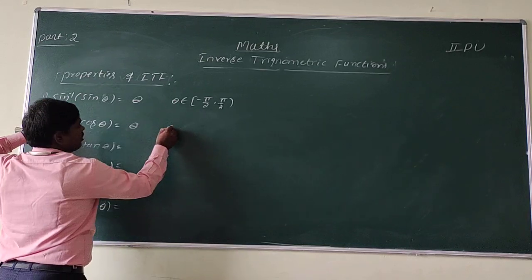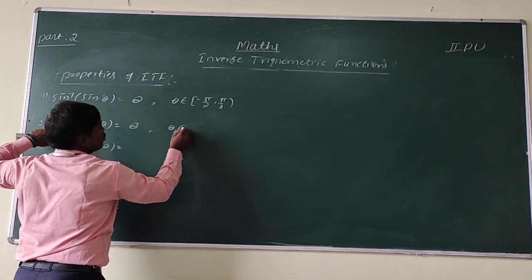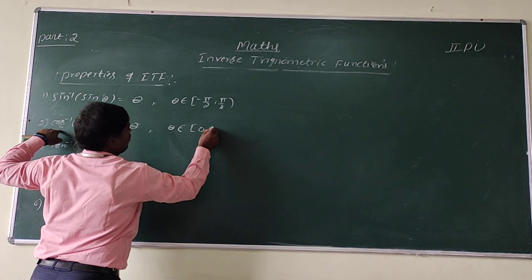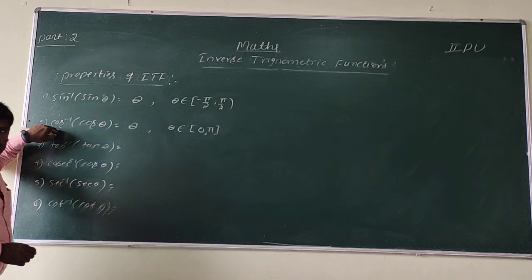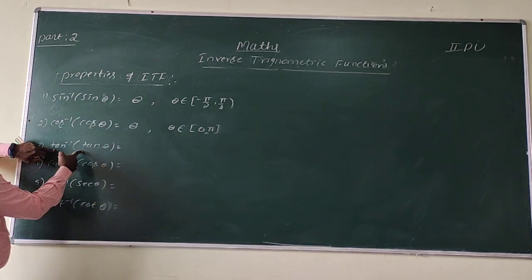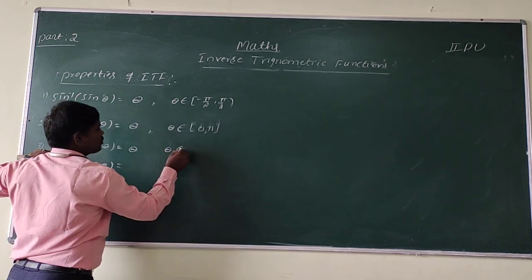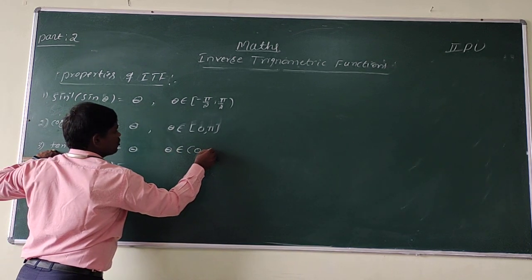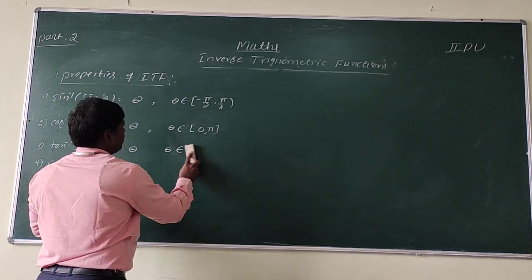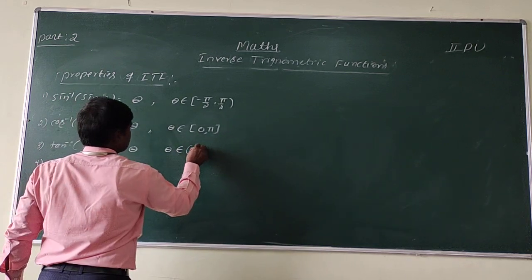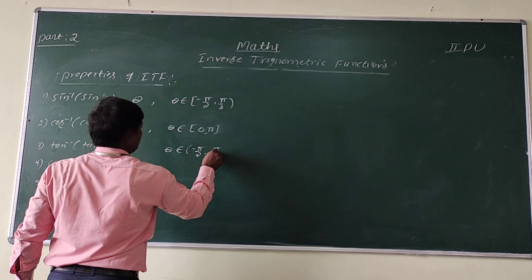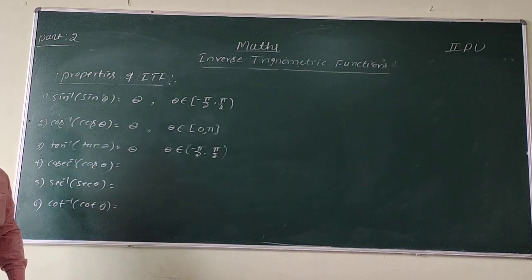when theta belongs to 0 to pi. So this is very important. Tan inverse of tan theta is taken as theta if theta belongs to the open interval minus pi by 2 to plus pi by 2.